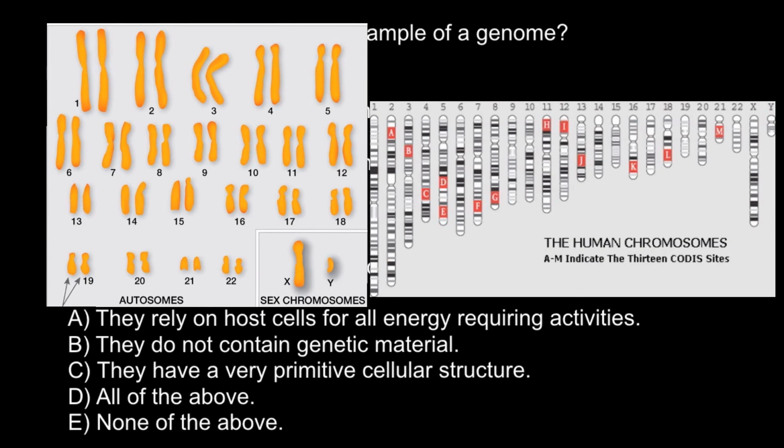So, for example, when we refer to the Human Genome Project, and they said that they completed this project, that means that they sequenced 24 chromosomes.